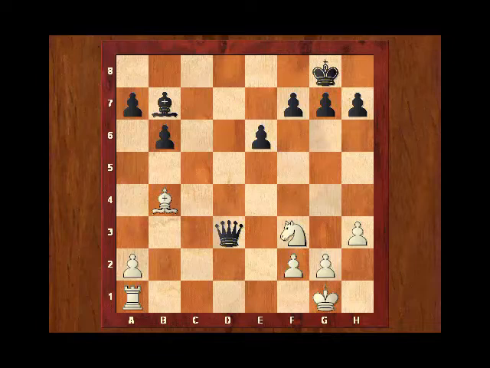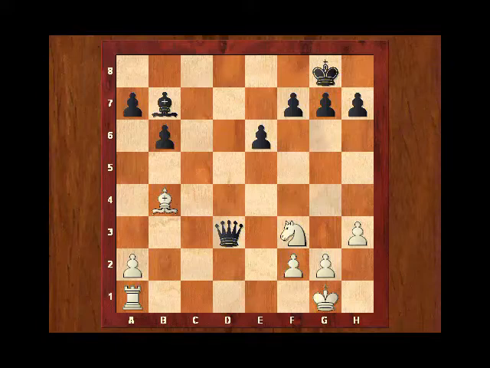Now, when we're speaking about differences in material, this can either mean you're ahead in material, or you're down in material, or maybe somehow the positions are dynamically balanced as far as material is concerned, but this balance is created by, for instance, one side having 2 minor pieces, 3 plus 3 points is 6, and the other side having, for instance, a rook and a pawn. 5 plus 1 point is also 6, right?